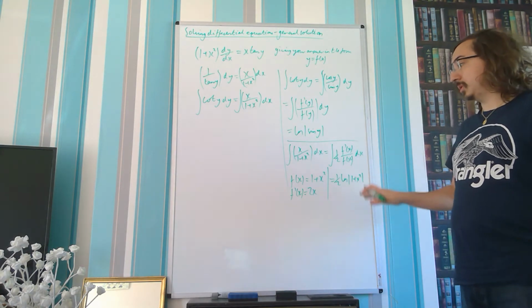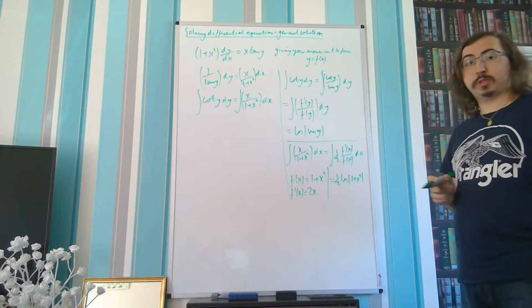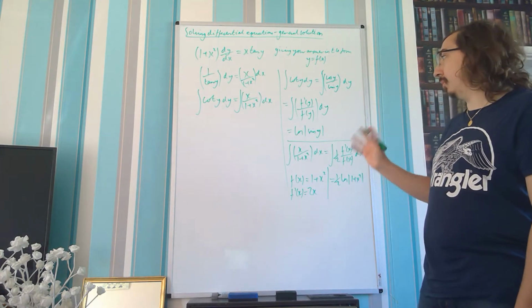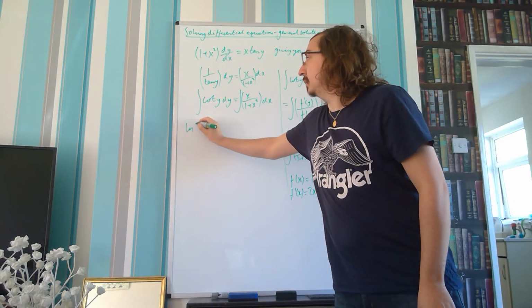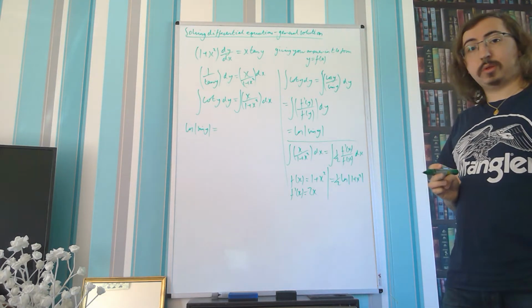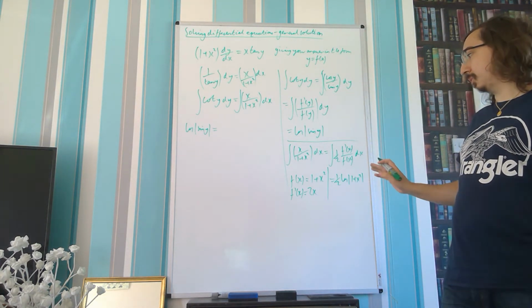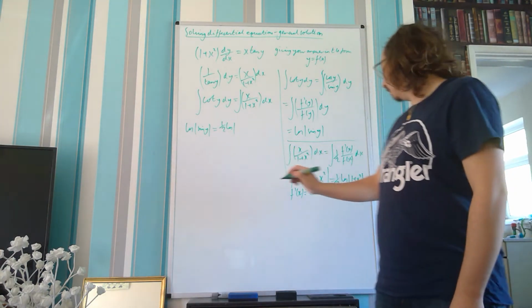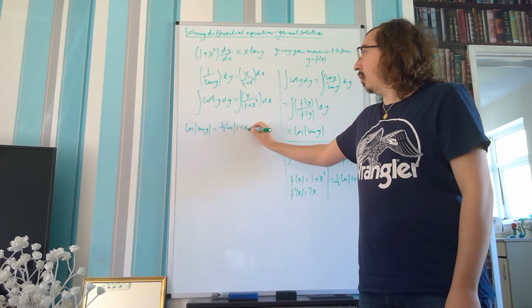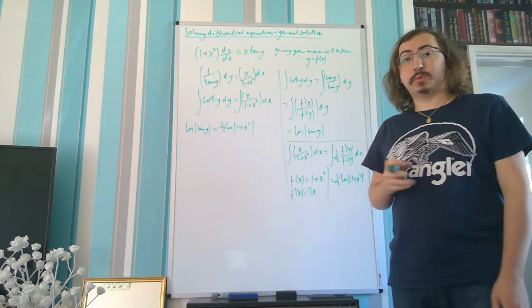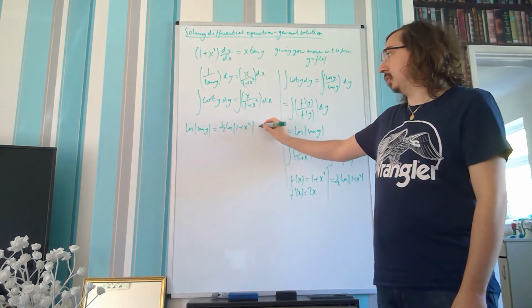So we've done the majority of the hard work now. We need to substitute in our two solutions, such that the integral of cot y with respect to y is ln of sine y. The integral of x over 1 plus x squared with respect to x is a half ln of 1 plus x squared. And both of these will generate a constant of integration.